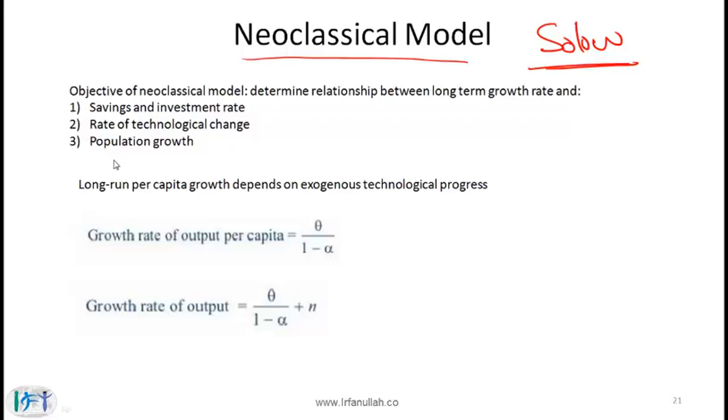So this is the objective, and I will again repeat the core point that was made on the previous slide, which is that according to this model, the long run per capita growth depends on exogenous technological progress.